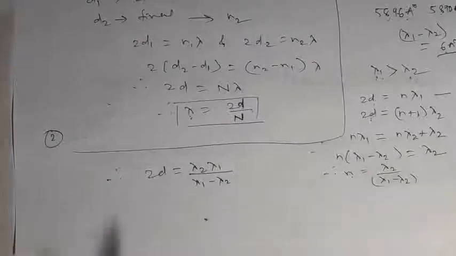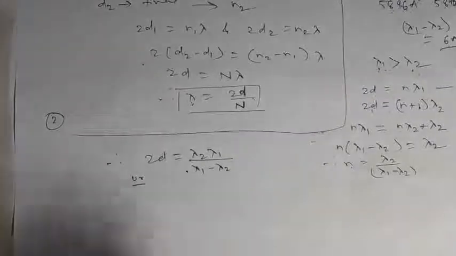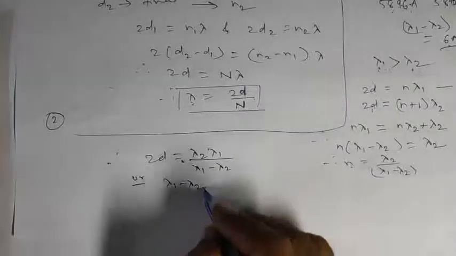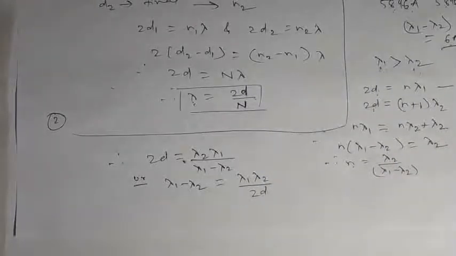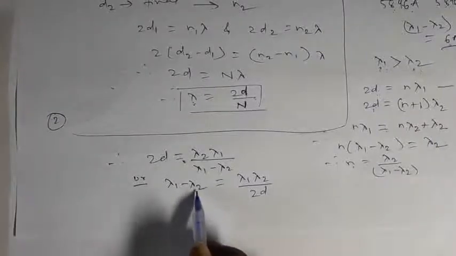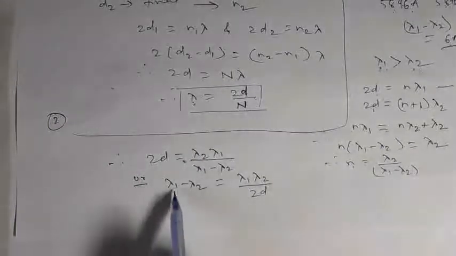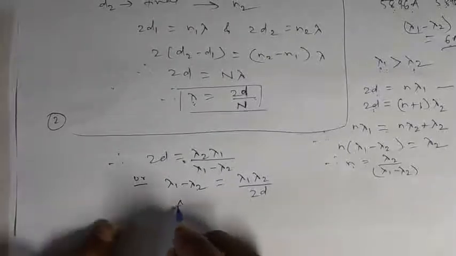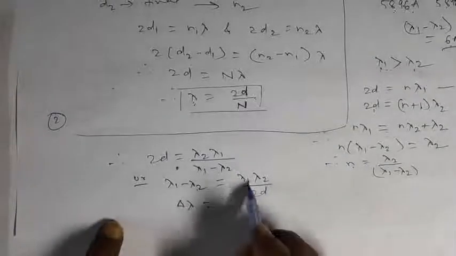Or we can write lambda 1 - lambda 2 = lambda 1 lambda 2 divided by 2d, and lambda 1 - lambda 2 is nothing but the difference between the two wavelengths, where lambda 1 is higher and lambda 2 is lower, and therefore this is represented as delta lambda. So delta lambda will be equal to lambda 1 into lambda 2 divided by 2d.